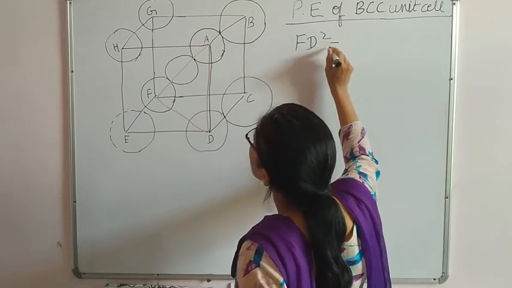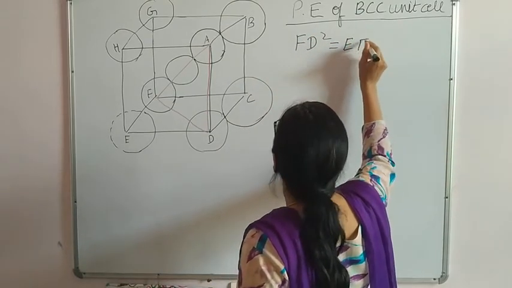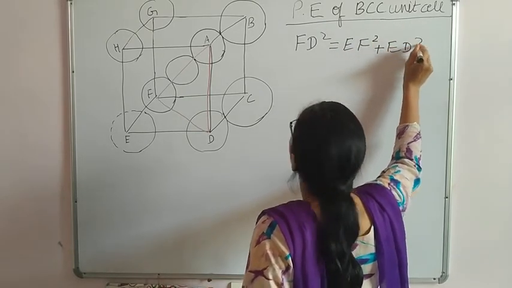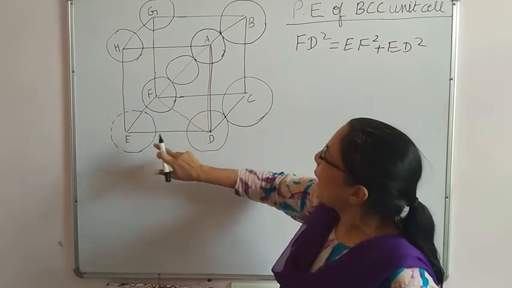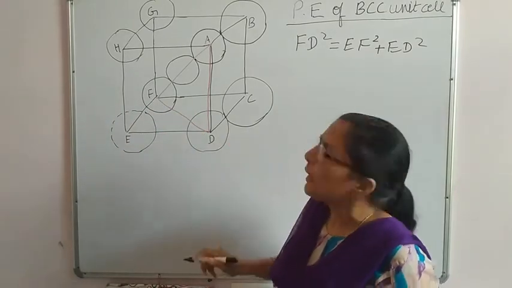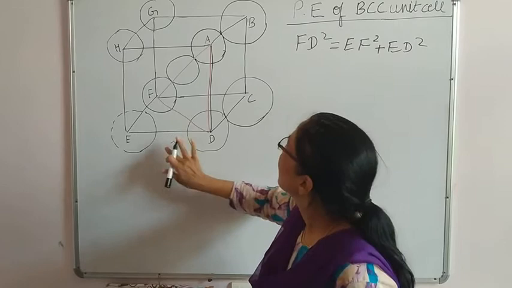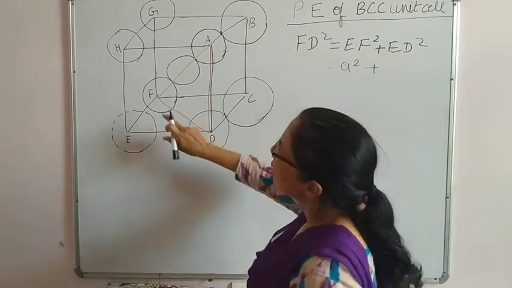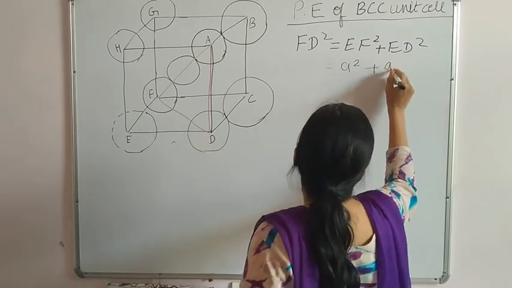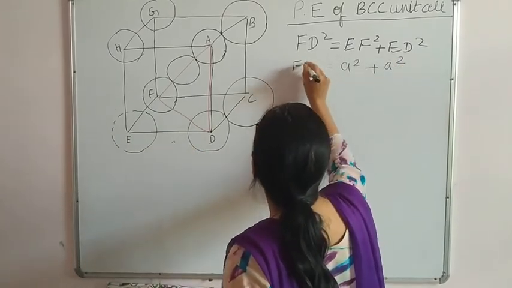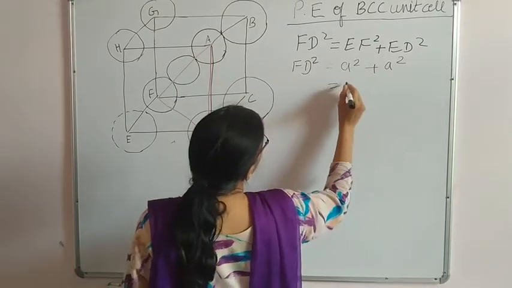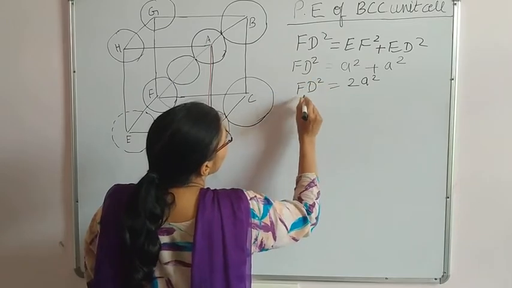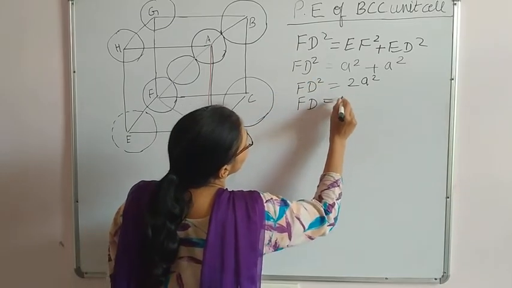FD square is equal to EF square plus ED square, and EF and ED are both edge length A. So FD square is A square plus A square, which is 2A square. Now FD will come as root 2 A.